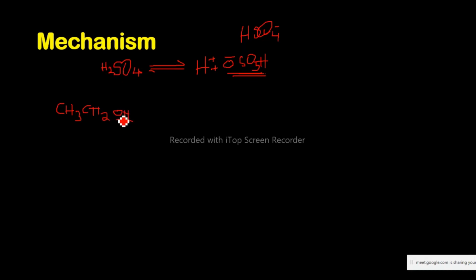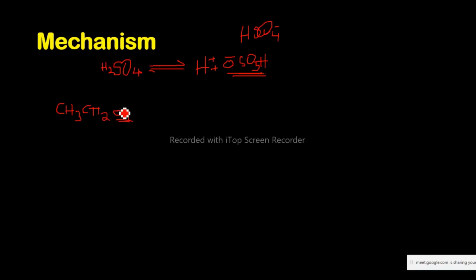But to increase the reaction rate, this acid is a catalyst. So to increase the rate of reaction, you further protonate this alcohol so that you increase the leaving ability, in quotes, of this OH, so that you form a protonated alcohol.